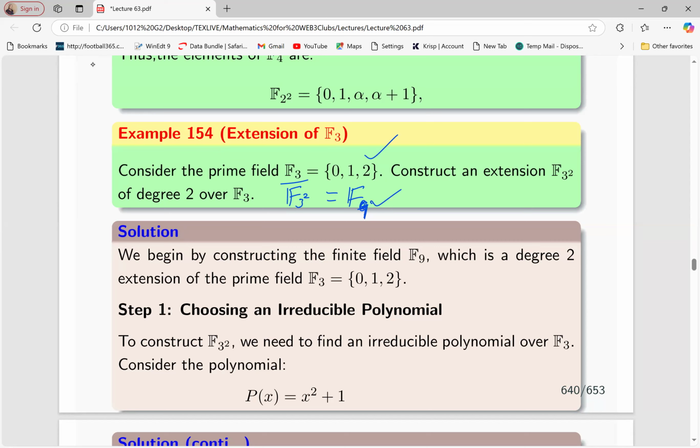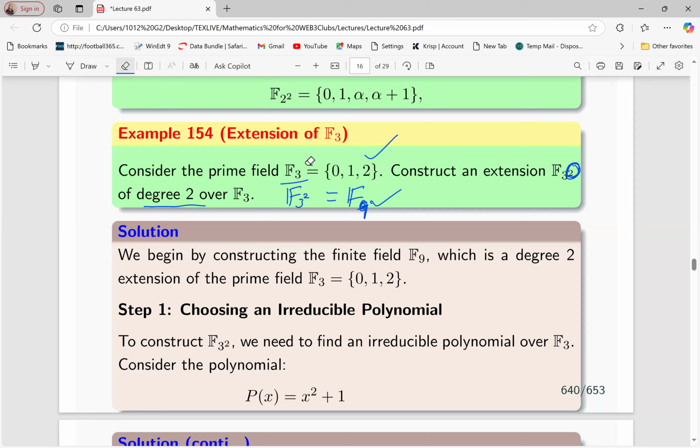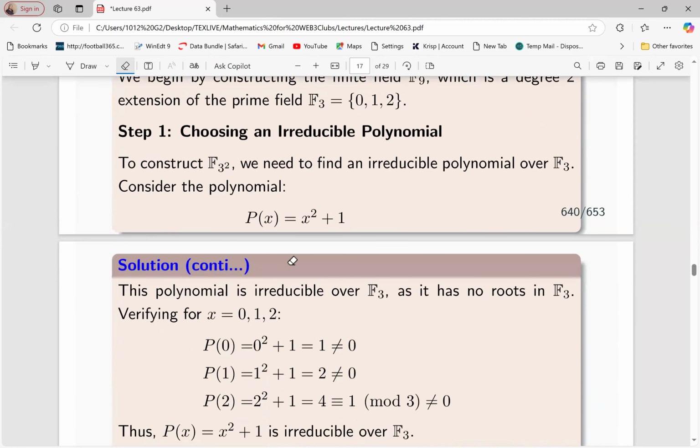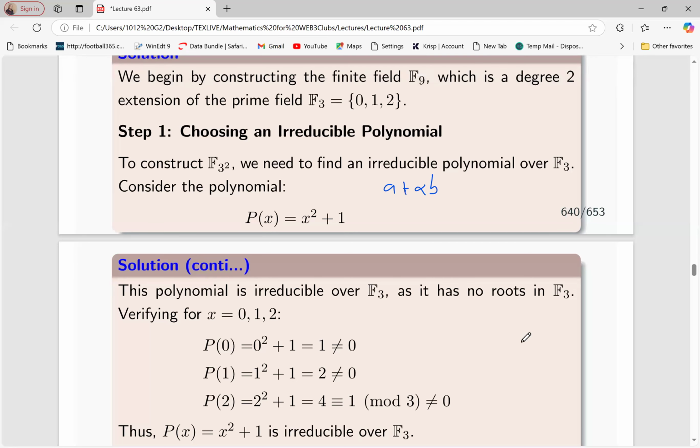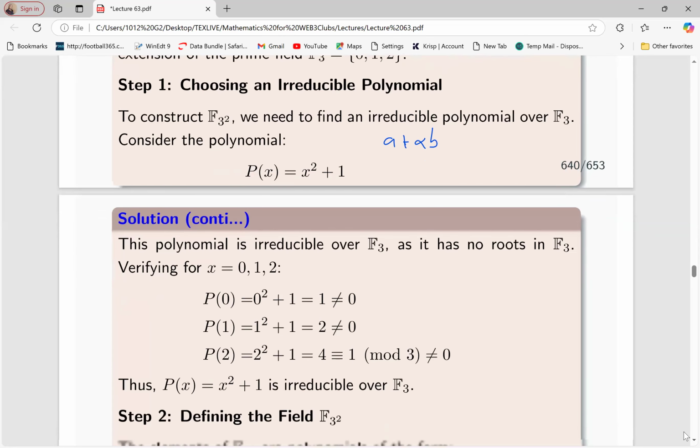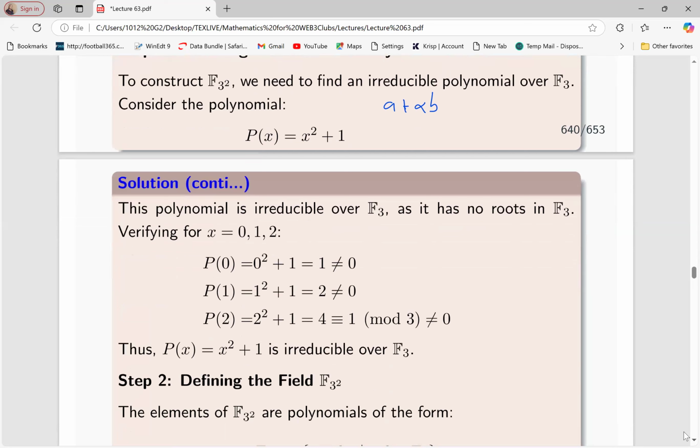We know what we are going to do. We are supposed to use a polynomial of degree 2. And we already know how that polynomial is supposed to look like. That polynomial, by definition, is supposed to be A plus alpha B. So we look at all cases.